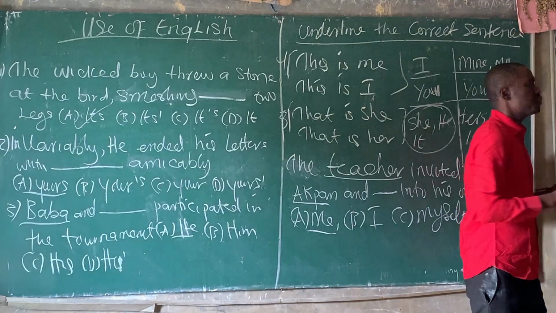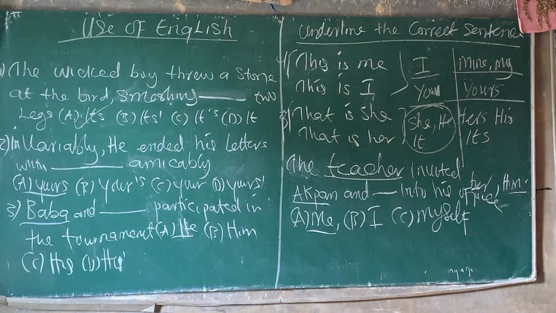You got it now? Now, these pronouns can be at different levels. We can have the subject. We can have the object. Then we can have reflexive. Then we can have possessive. This one is enough.